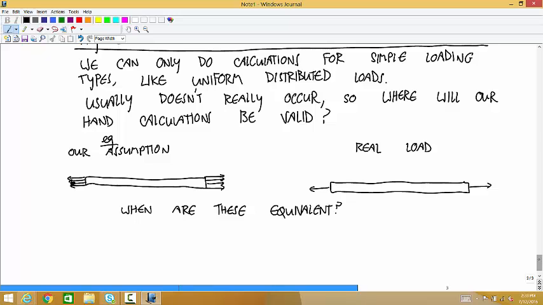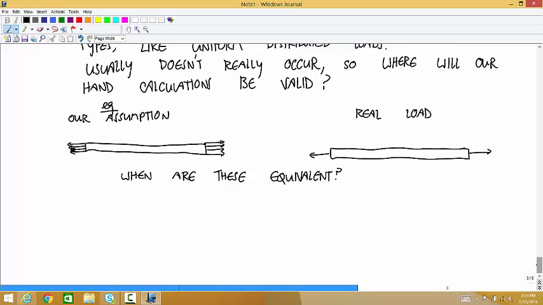St. Venant's principle says: measure the largest dimension on the loaded face.